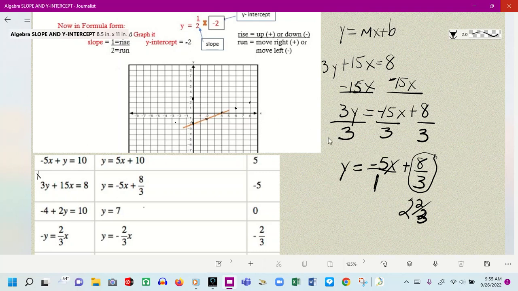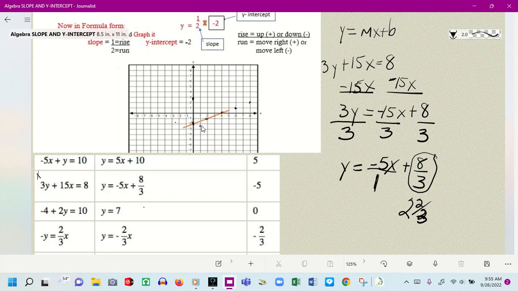Now, our slope is a negative 5 over 1. That means negative 5, 5 down, and a positive run to the right of 1. So let's follow that. We have 1, 2, 3, 4, 5, and a run to the right of 1. That will be our next point on the line.